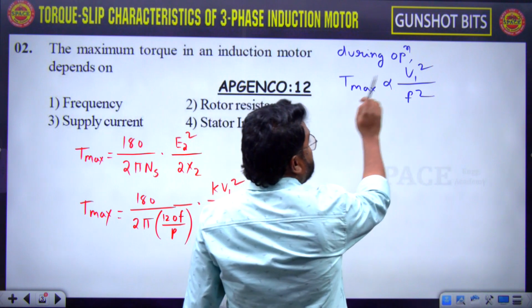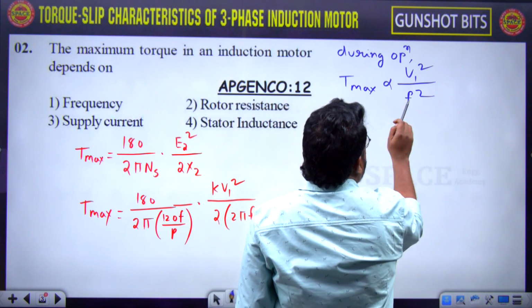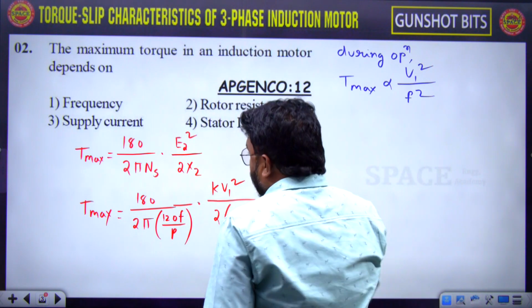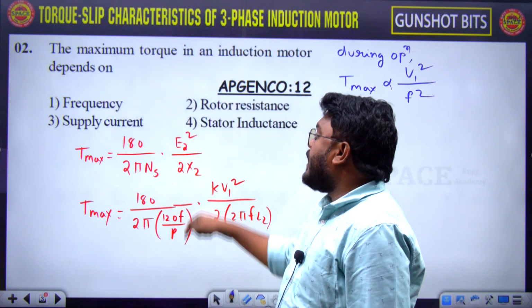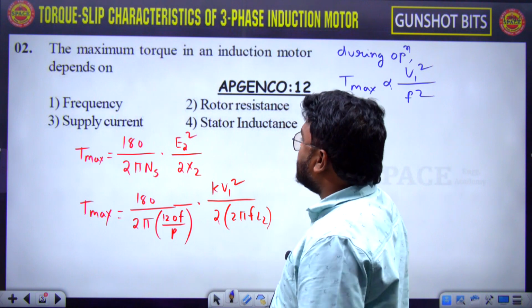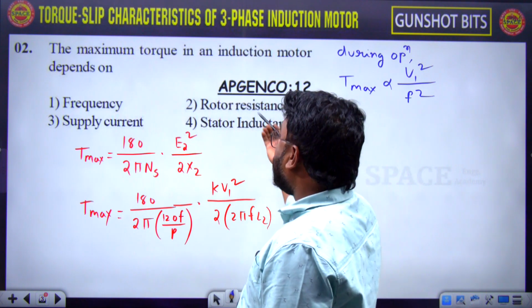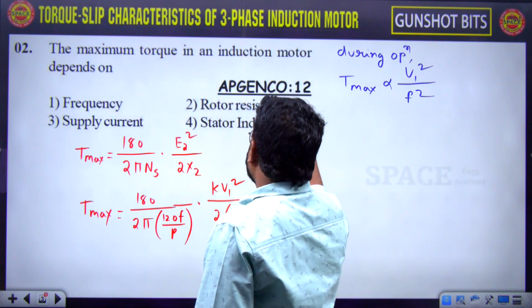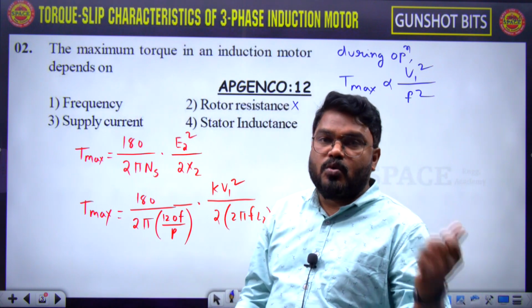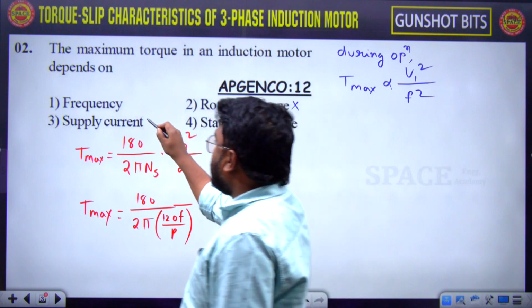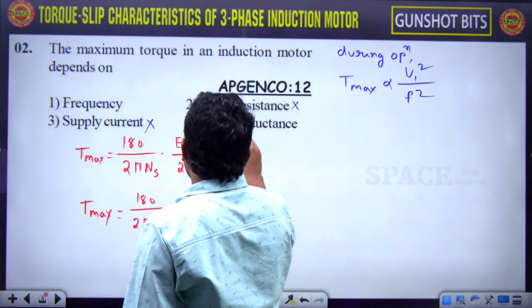Maximum torque depends on the applied voltage and also frequency. By using this equation, it also depends on the rotor EMF and the rotor reactance. But the rotor resistance option is not correct, because the maximum torque is independent of the rotor resistance. Supply current is also not correct, and neither is stator inductance.